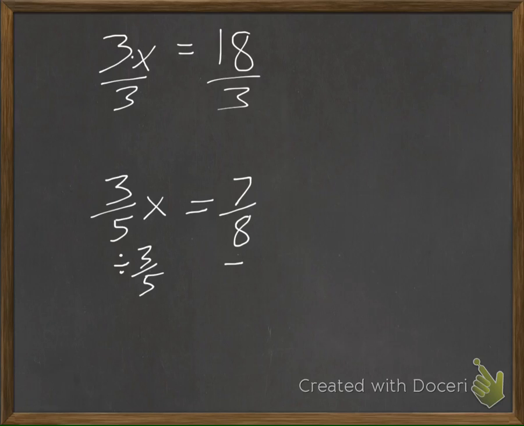So I'm going to divide by 3/5 on the left, and I'm going to divide by 3/5 on the right. You can use the division symbol, or you can still do the fraction bar. It looks a little confusing because then you have this fraction over a fraction thing, but either way, it means the same thing, right?